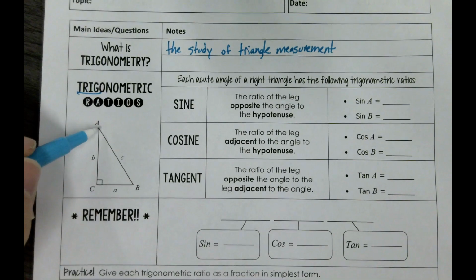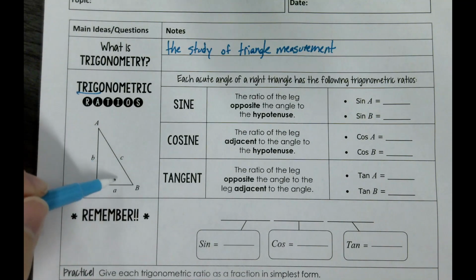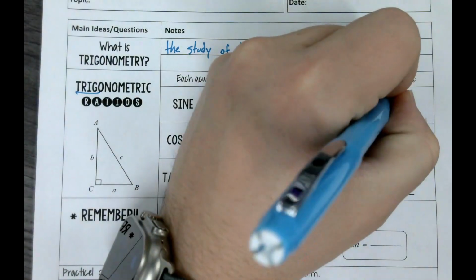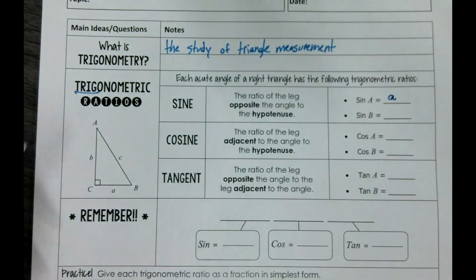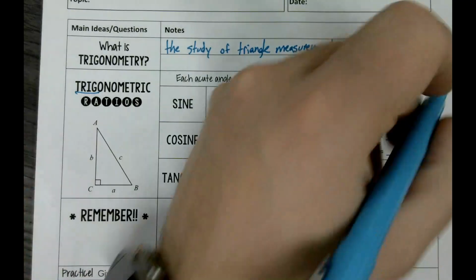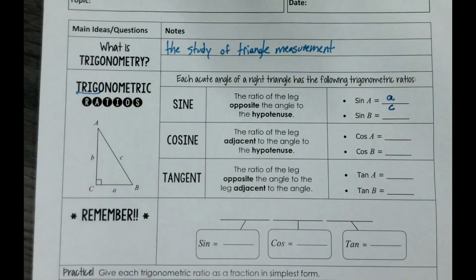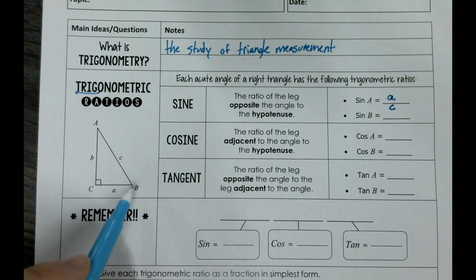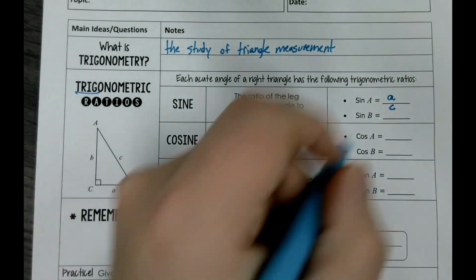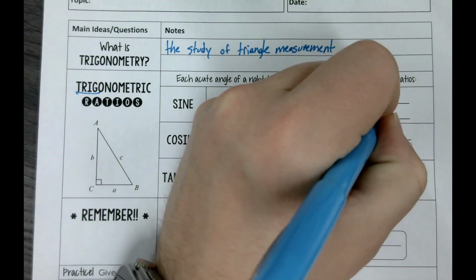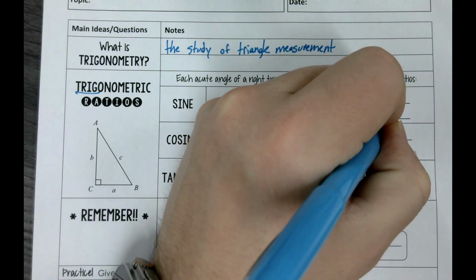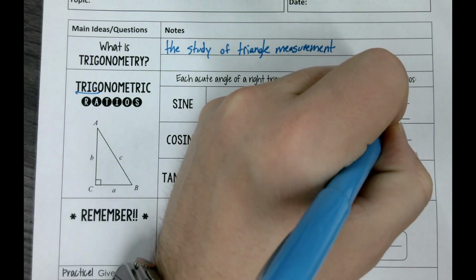The opposite side from A is going to be little a here. So I would say a over the hypotenuse, or the longest side, which is c. So a over c. But if I switch the angle to B, the sine, opposite of angle B, is little b, so b over c.